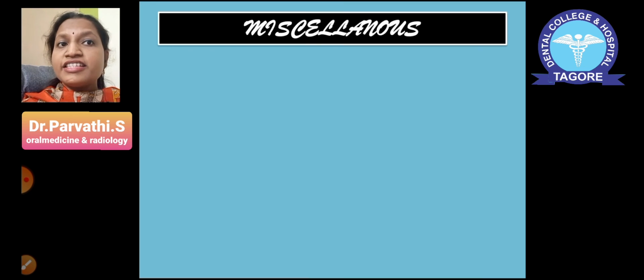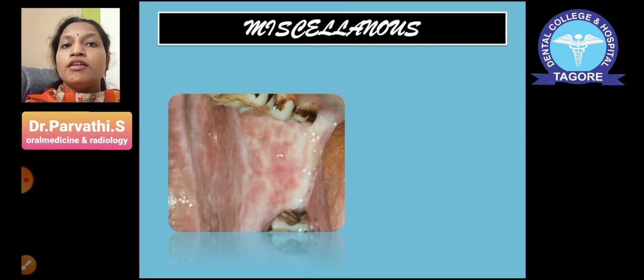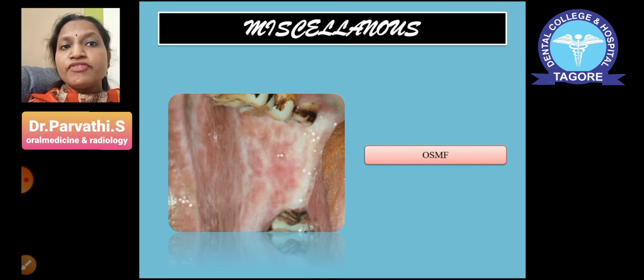The last category is miscellaneous, but the important white lesion is OSMF. What is OSMF? It is oral submucous fibrosis. It cannot be diagnosed with the picture alone; you have to palpate as well. When the patient has chronic usage of areca nut, it increases the fibroblasts in the oral cavity, leading to increased collagen formation and decreased vascularity.